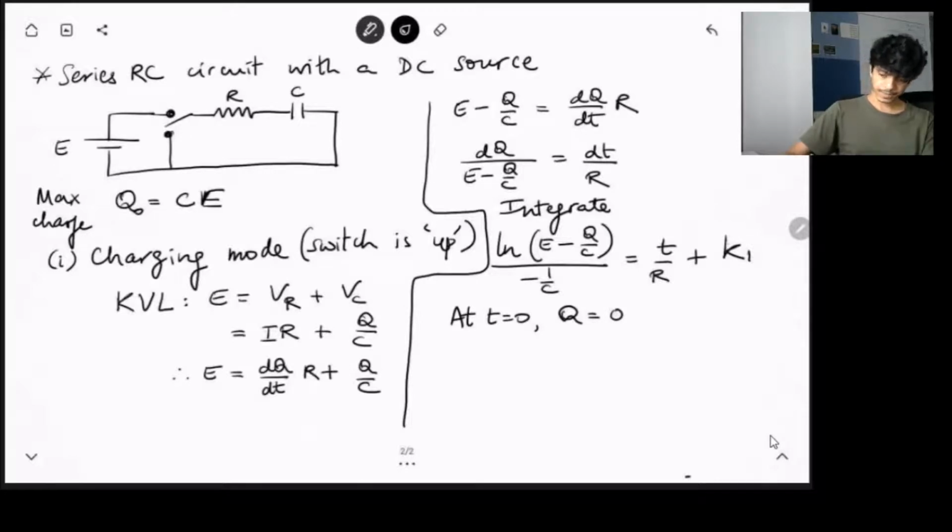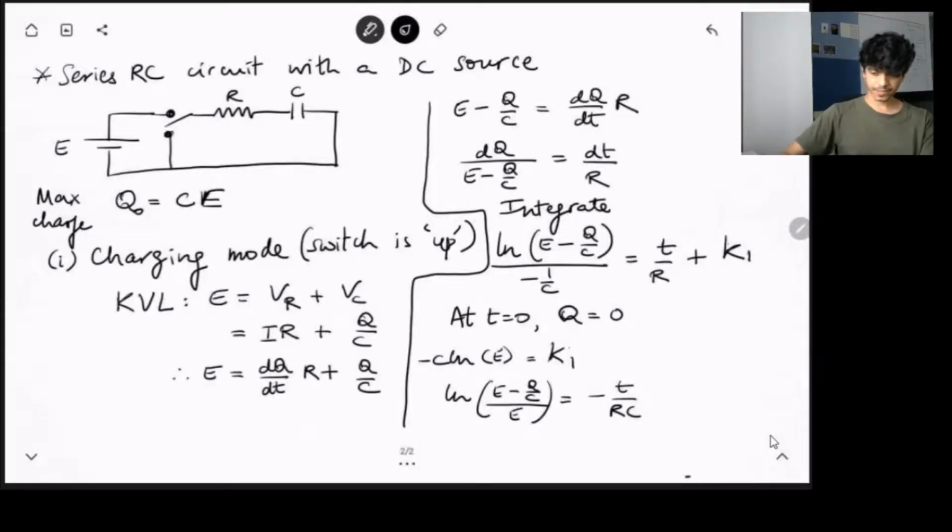So when I plug that in, I get log of E minus Q over C is, this is 0, so just K1. So plugging that back into this equation, I get log of E minus Q over C divided by E is minus t over RC.